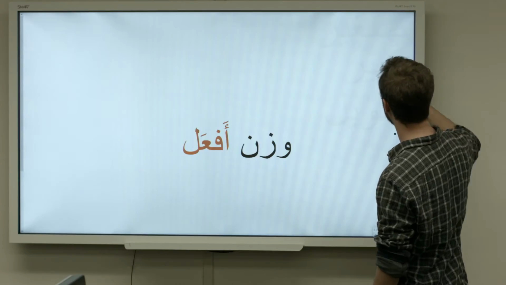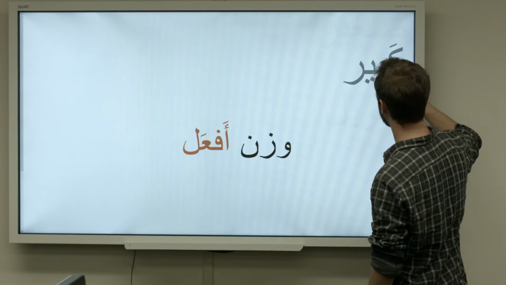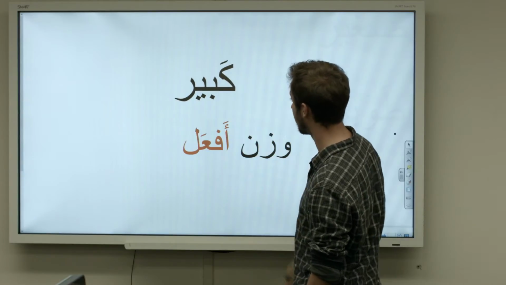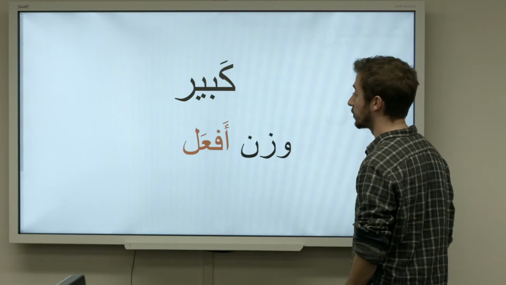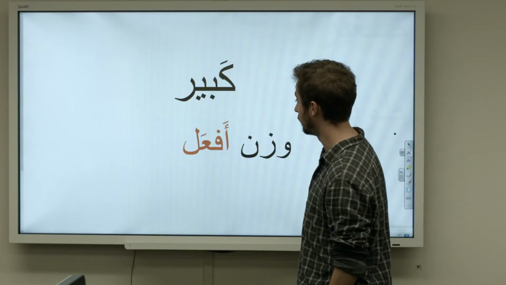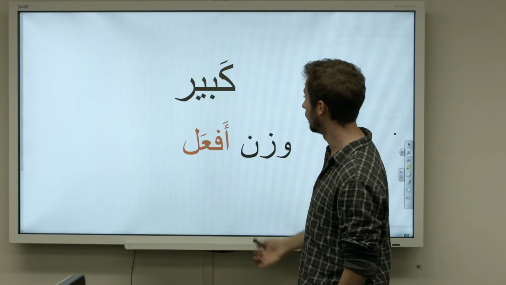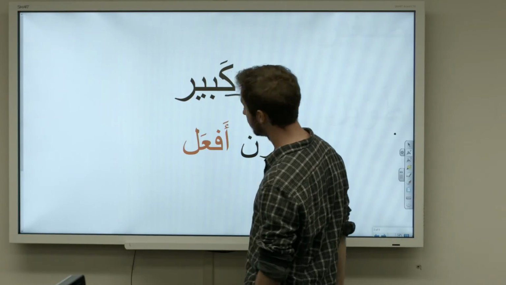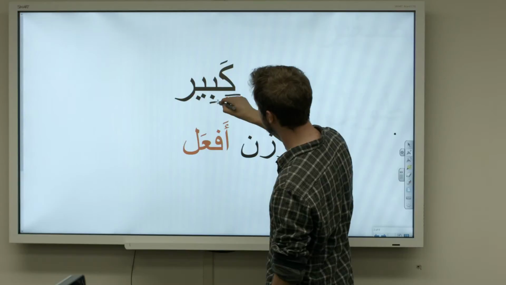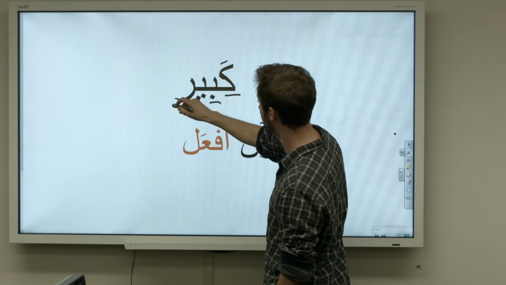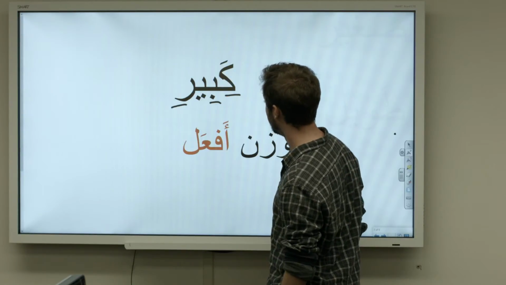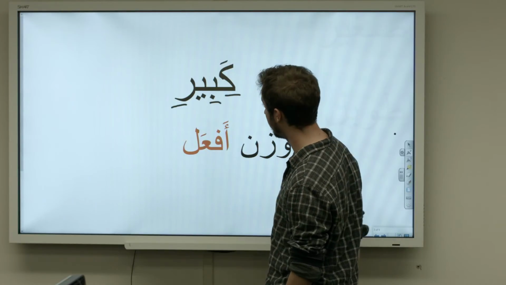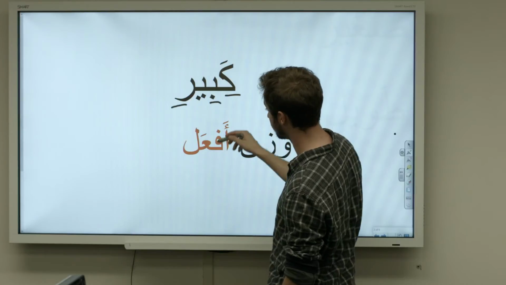Let's start with kabir. Basically what happens is, in order to derive the superlative from the adjective, you extract the root and you insert it into wazn af'al, right? So what's the root of kabir? It's kaf, right? And then the ba, and then the ra. And so the fa and the ayn and the lam are interchangeable, and you take the root and you put it in the same order, right?